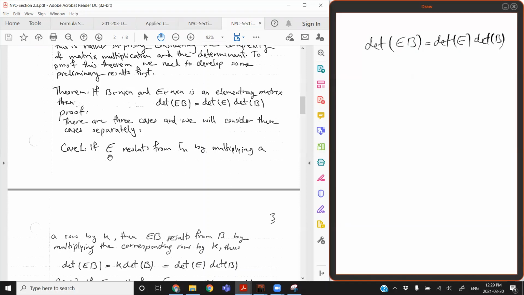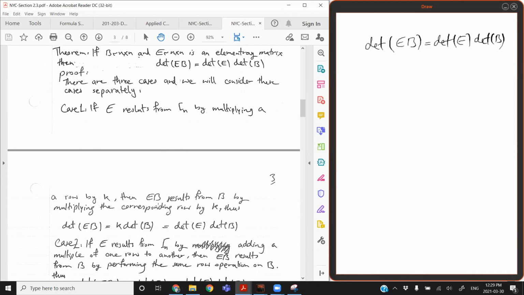Case 1. If E results from I by multiplying a row by K, then EB results from B by multiplying the corresponding row by K. Because if you remember, there is a relationship between multiplication and row operations. If you're multiplying any matrix by an elementary matrix on the left, it's as if you're performing a row operation.